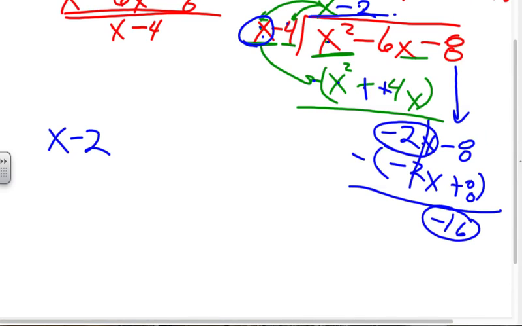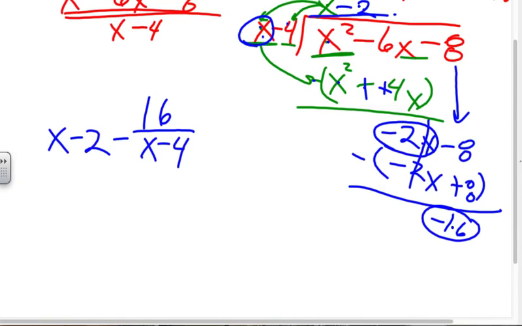That's from this. And then it will be plus my remainder over this. Now because that's a negative, it will be minus 16 over x minus 4. And that's what you get when you divide this.